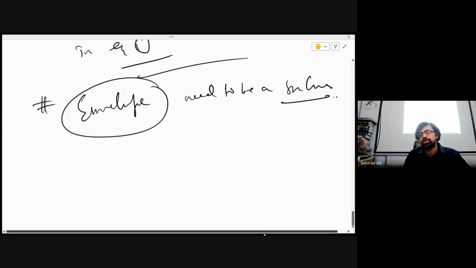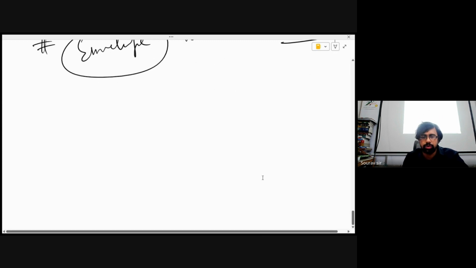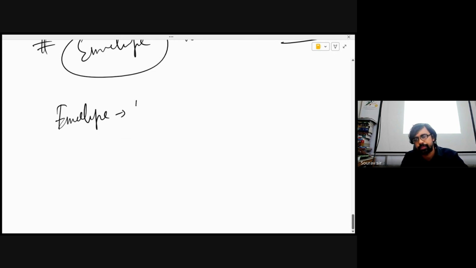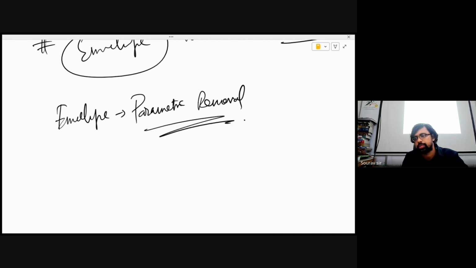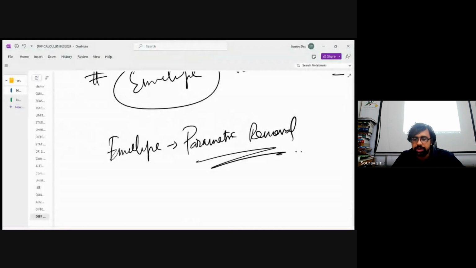So an envelope is nothing but parametric removal. So envelope means all you have to do is remove the parameter, see the system, find the value, and you are great to go.